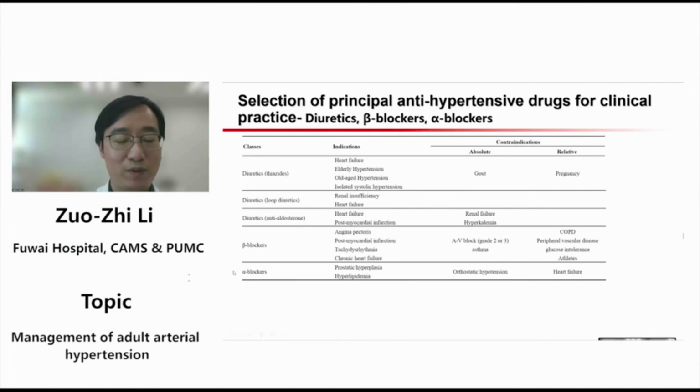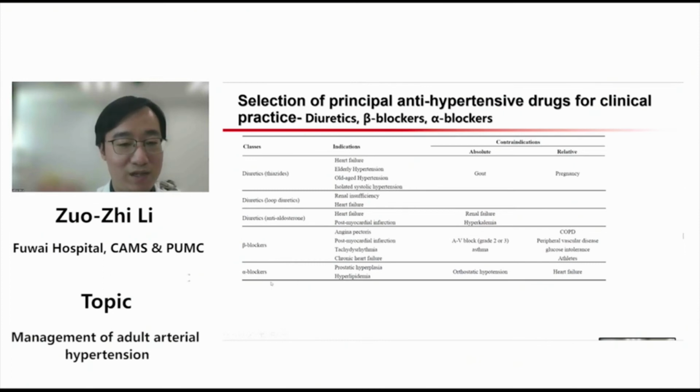But beta blocker has side effects of decreasing the heart rate and also increasing the transmission time between the atrial and ventricles. So patients with AV block, especially degree 2 or 3, should not use the beta blocker, and in patients with asthma, beta blocker is also forbidden. Patients with COPD should use beta blocker with caution.